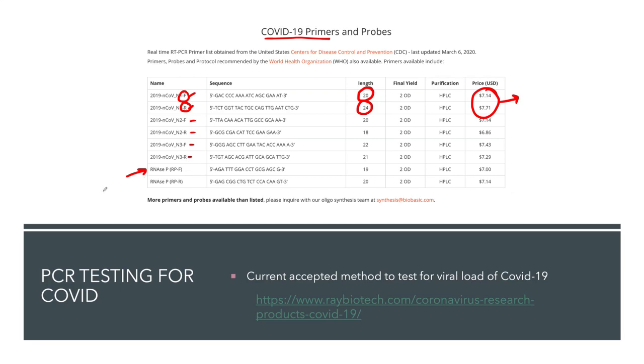So for PCR testing, there are a couple of different kinds. We have PCR, which stands for polymerase chain reaction. We have what's called RT-PCR, which is what they're using for COVID testing. RT-PCR is reverse transcriptase PCR, and in reverse transcriptase PCR, they first start by introducing a reverse transcriptase enzyme that will reverse transcribe RNA into DNA.